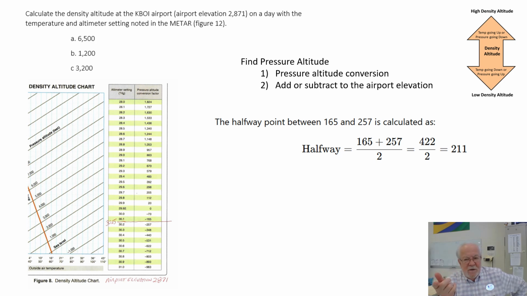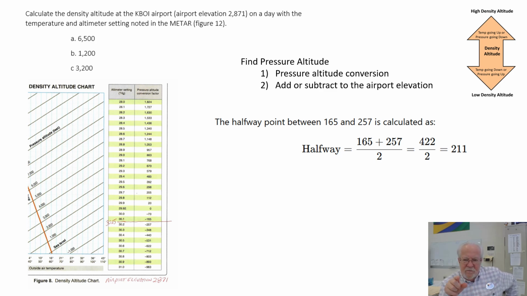211. There's something you may notice right away: you look over there and you see there's minus signs in that. Well, what is that saying? That is saying that the air is thicker with the higher pressure. So you need to subtract that number, because that's a conversion factor from the airport elevation. That's what's not listed on this chart. You have to be careful not to confuse this.